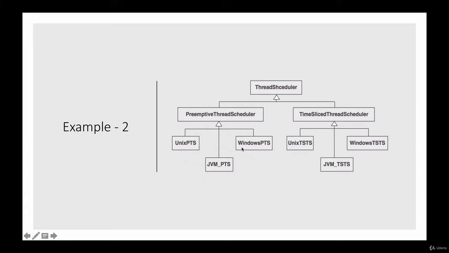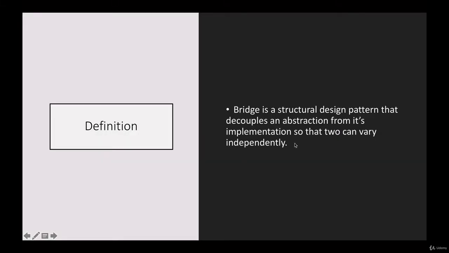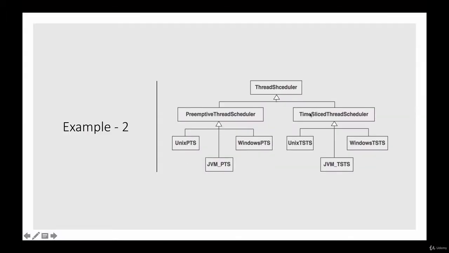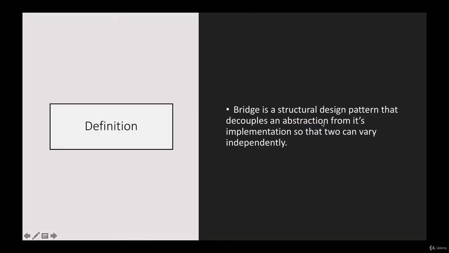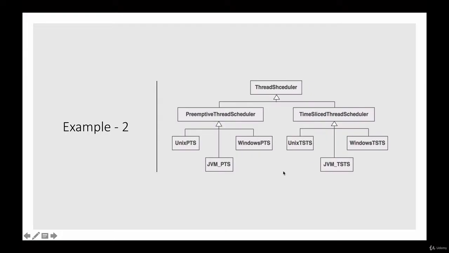So what the bridge design pattern says, when you encounter these kinds of issues, is that you have to decouple an abstraction, which in our case is the thread scheduler, from its implementation. We can see that our implementation for the thread scheduler is platform wise. All right, so we'll see in the next UML diagram how we can avoid this.